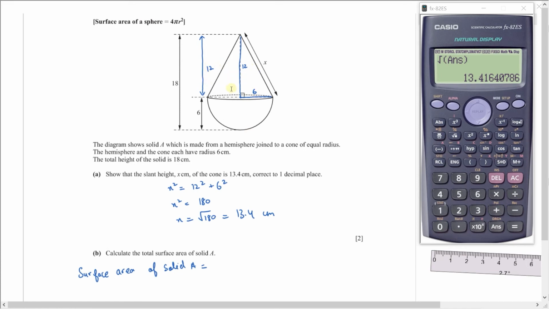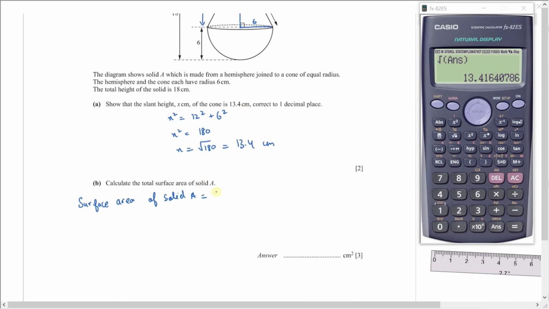Only the curved surface area, not the base, because the base is not part of the surface area of the full solid. This cone is attached to this hemisphere, so the surface area of this full solid will be the curved surface area of the cone plus the outer surface area of this hemisphere.